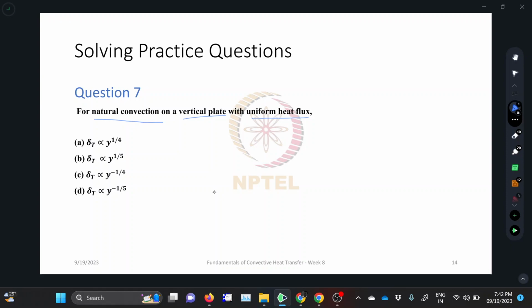Is it option B, delta T proportional to y to the power 1/5? Is it option C, delta T proportional to y to the power minus 1 by 4, or is it option D, delta T proportional to y to the power minus 1 by 5? Which one would it be?